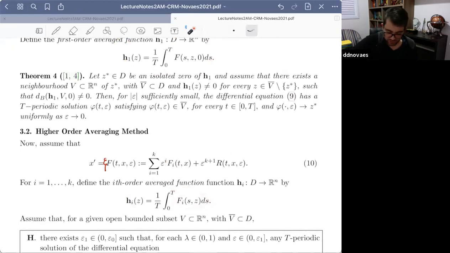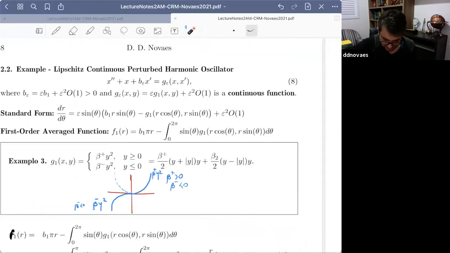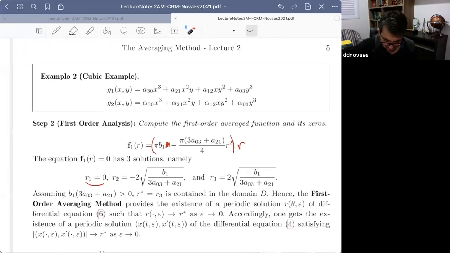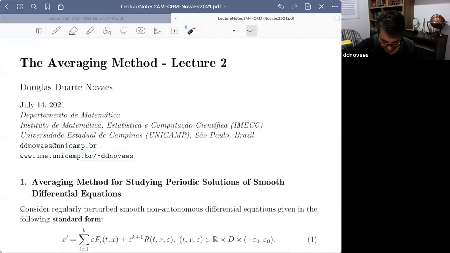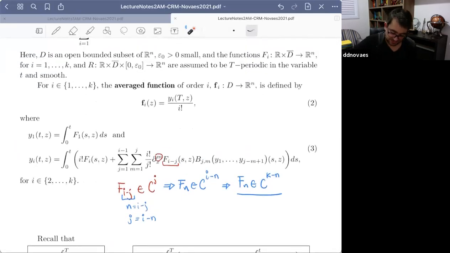Okay, if we come back to the original formula in the smooth context, we see that h_i is equal to 1 divided by T multiplied by the integral between 0 and T of f_i(s, z) ds.